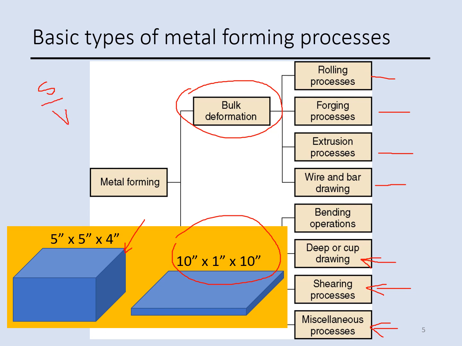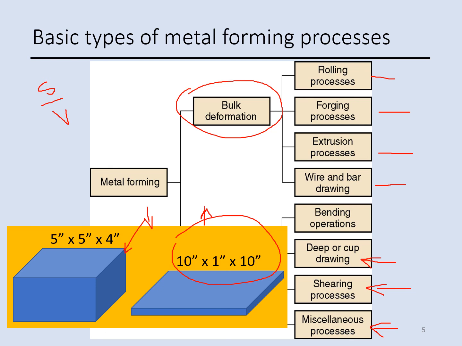In bulk deformation, surface over volume is small, and if you calculate the area of this shape, you can find out the surface over volume for this one is smaller than this metal.